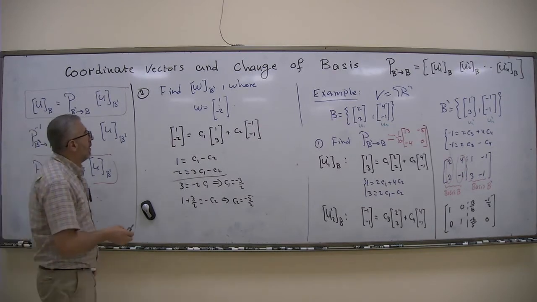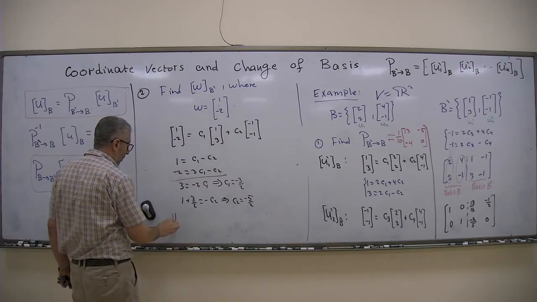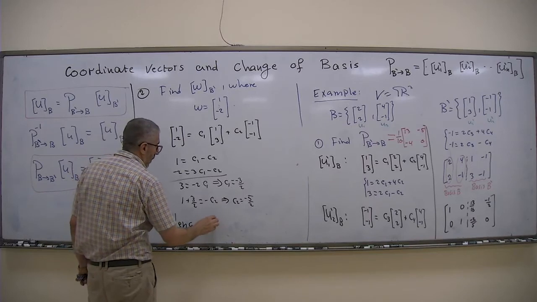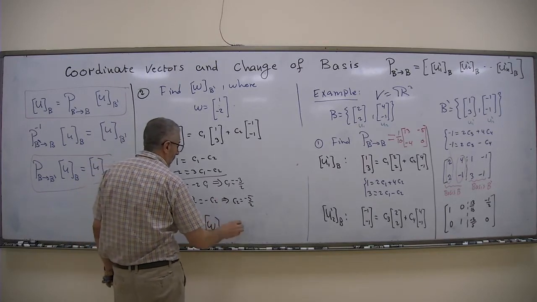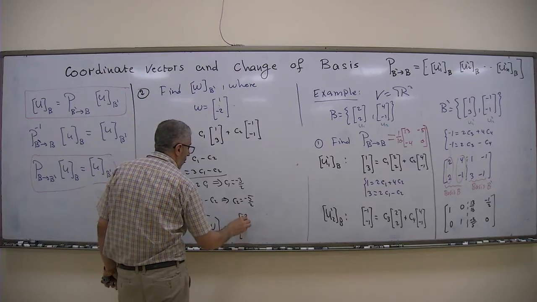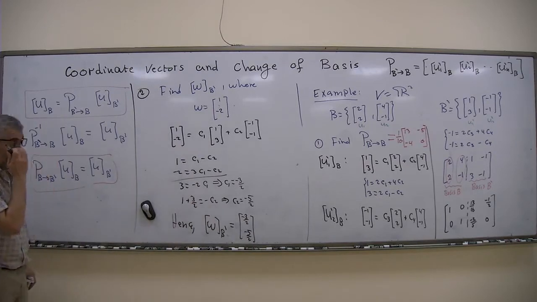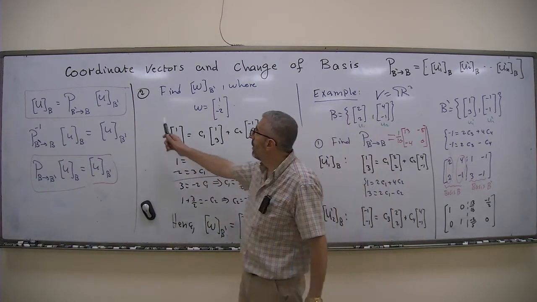So here, the coordinate vector, W with respect to B prime is negative 3 over 2 and negative 5 over 2. Okay? So this is question number 2.